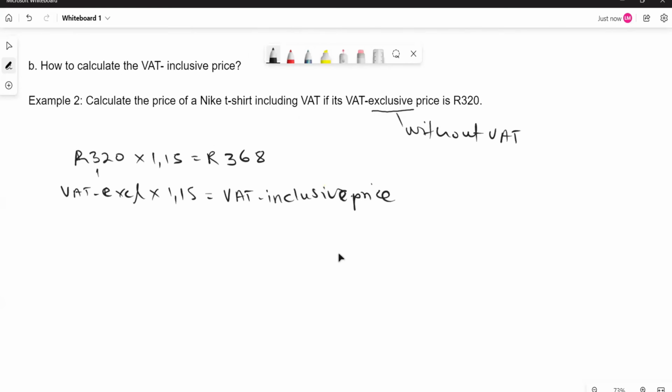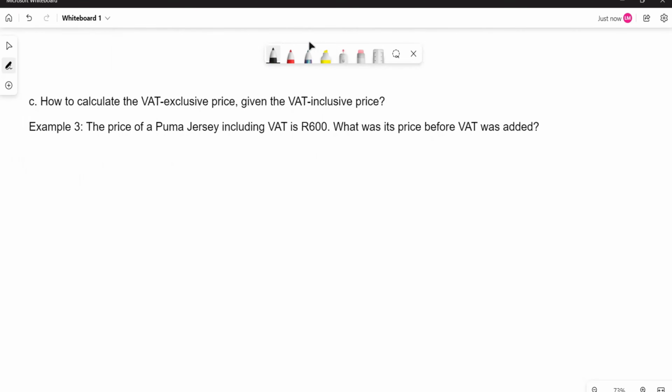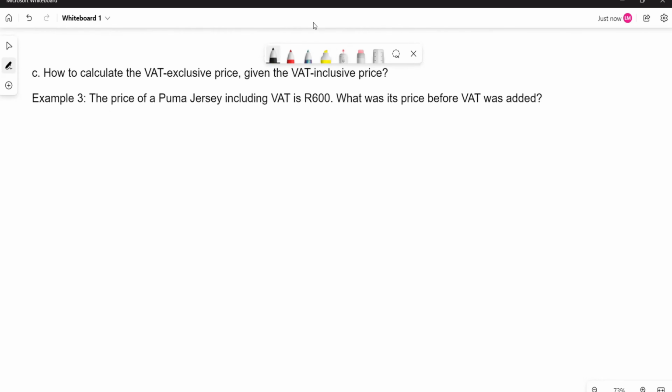So I want us to look at example C. It says how to calculate the VAT exclusive price given the VAT inclusive price. The example here is that the price of a Puma jersey, including VAT, is 600. What was its price before VAT was added?